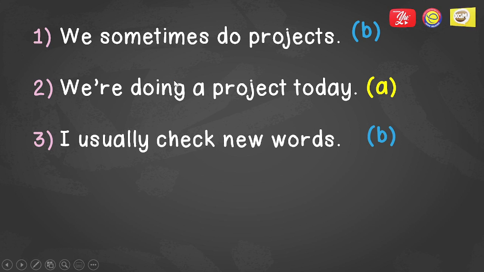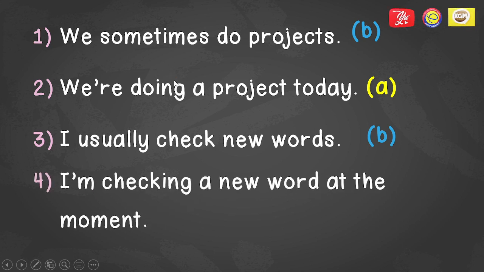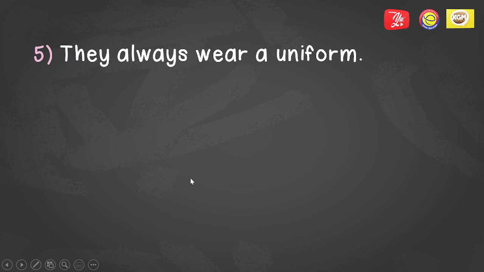Next one, number 4. I'm checking a new word at the moment. Yes, if you say A, present continuous, then that is correct. Well done. Moving on. Let's look at sentence number 5.